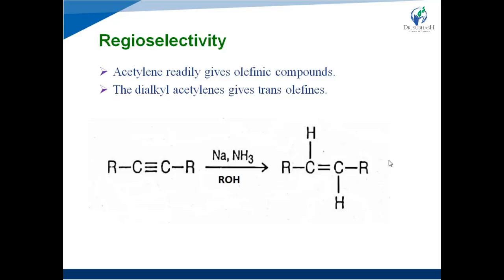See in the example, RC triple bond CR, that is a substituted or dialkyl acetylene, undergoes Birch reduction and forms a doubly bonded product which has the trans configuration. Here the double bond carbons can produce geometric isomers, and this type of reduction, especially Birch reduction, produces the compound with the trans configuration, right?